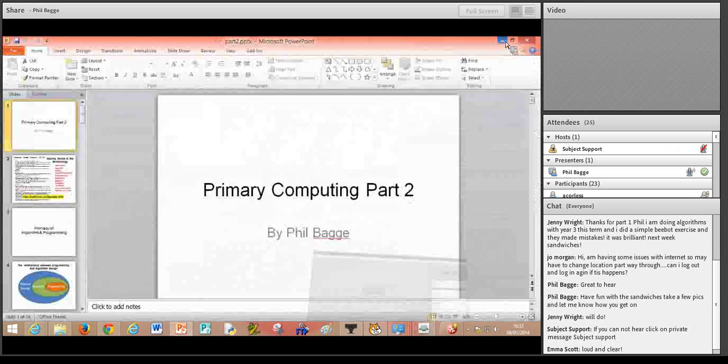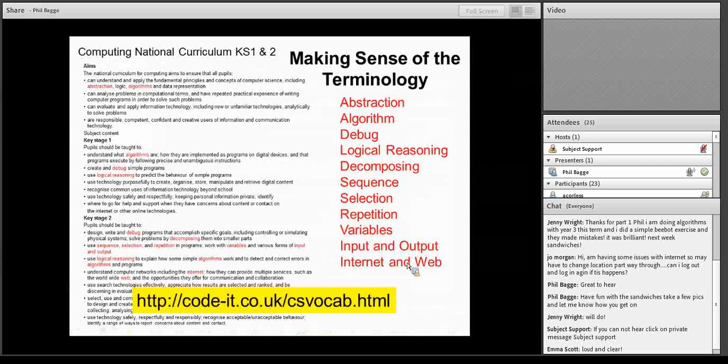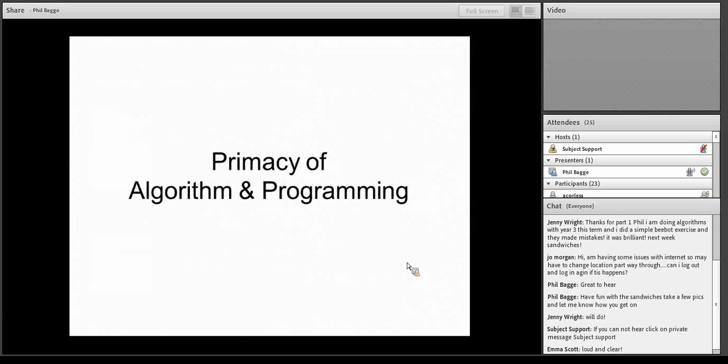Right. Well, welcome to part 2 of primary computing. Last session we really looked at terminology and all of the terms and what they mean and how we can understand them at a primary level. And this session we're going to move on to look at algorithms and programming and what type of programming languages to use, what type of unplugged things to use.